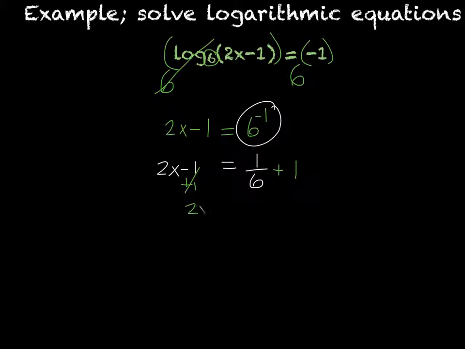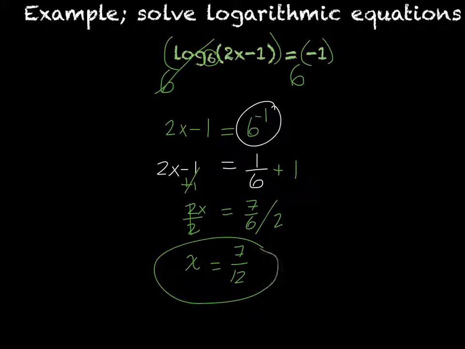So I have 2x equals 7 over 6. Divide by 2. So that's going to give me x equals 7 over 12. And that is your final answer. It should be written as a fraction in this case because we should not need decimals for a fraction like 7 over 12.